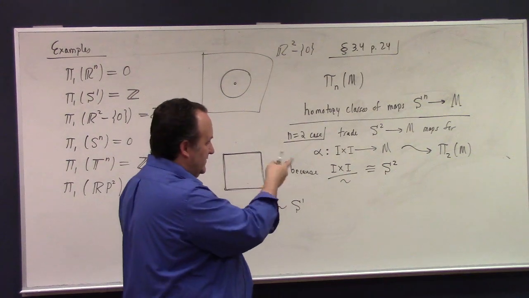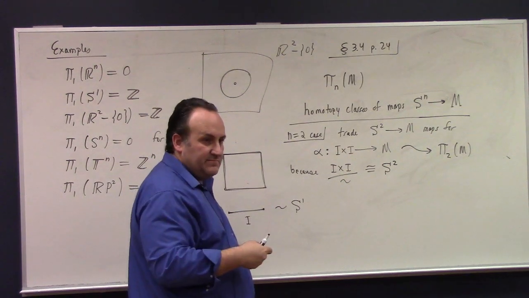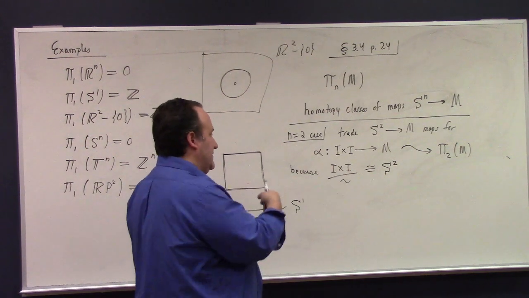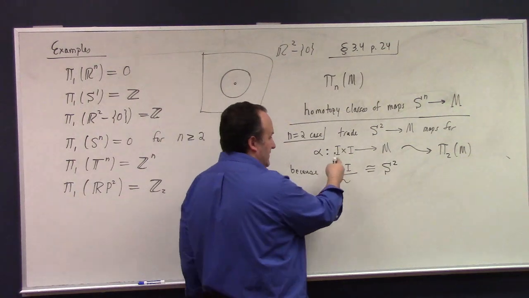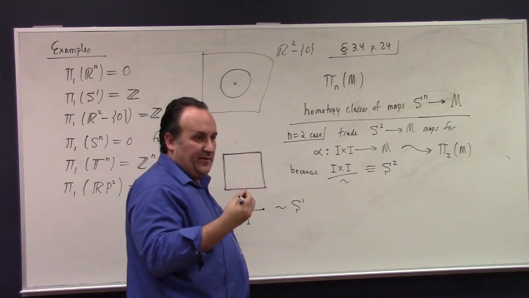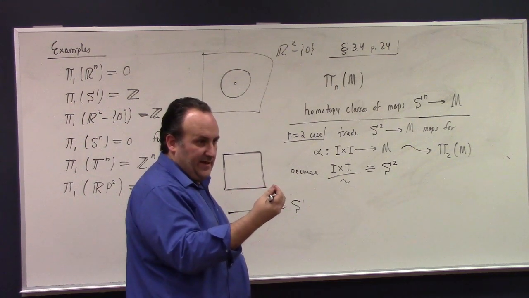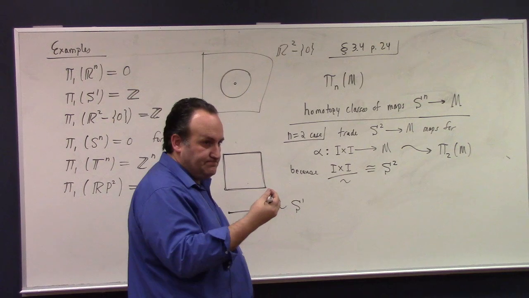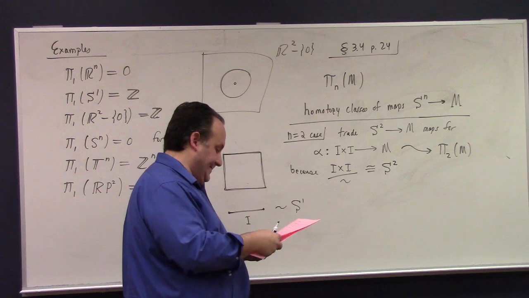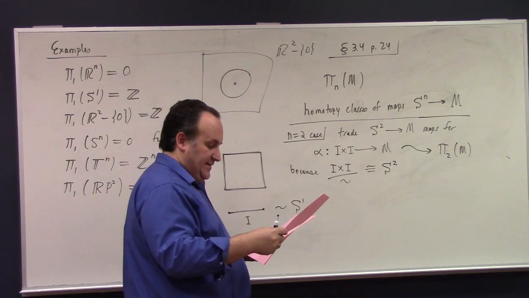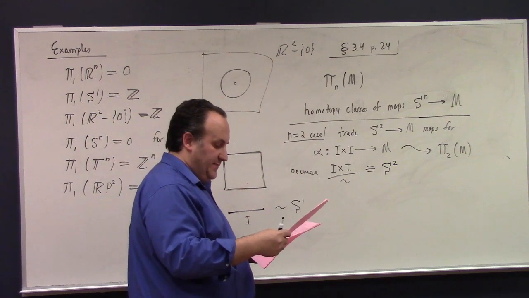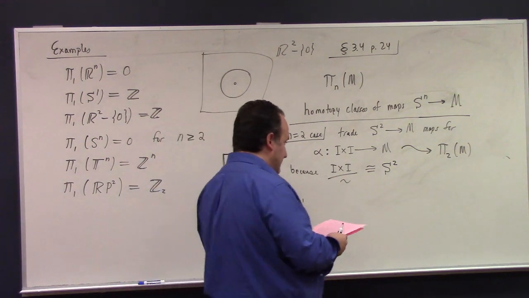Or if you had S3, you could do I cross I cross I. This story continues. If you take the Cartesian product of I with itself n times, and you identify the boundary as a single point, that is homeomorphic to Sn. And then he has a proposition. He says all higher homotopy groups, pi n of M for n greater than 1, are abelian.